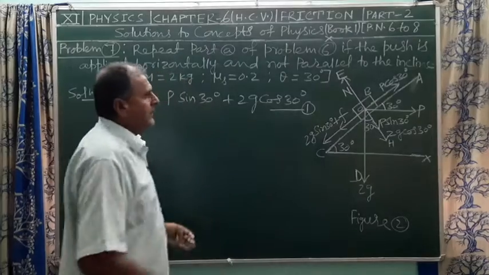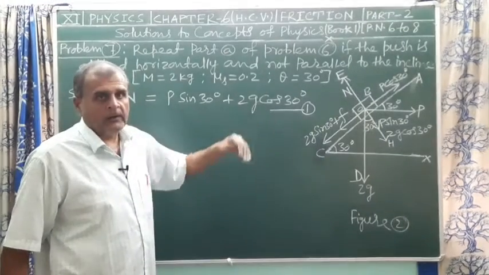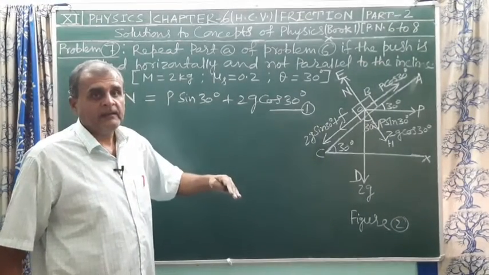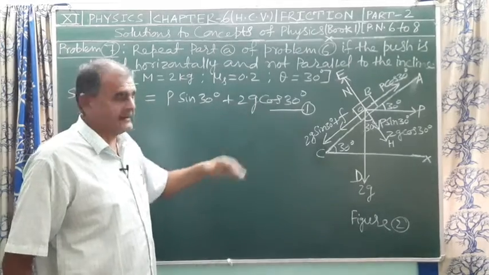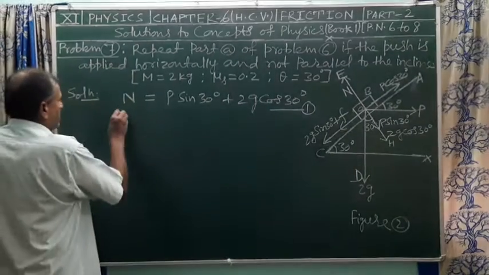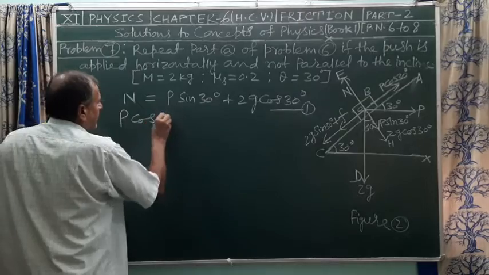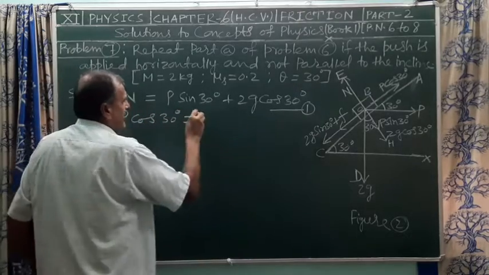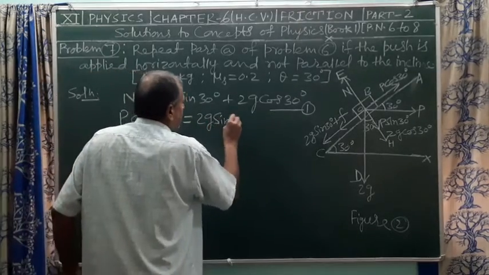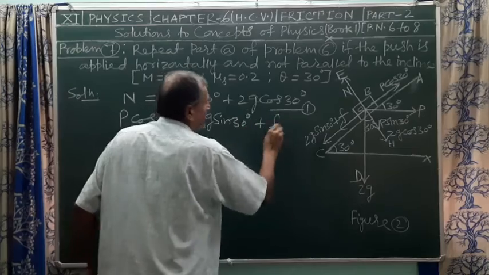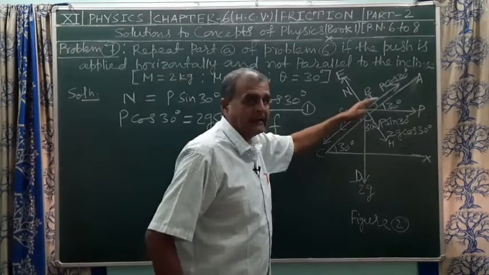So for upward motion of the block with uniform velocity, with no acceleration, that is acceleration equal to 0, P cos 30 degree equals 2g sin 30 degree plus F, where F is the frictional force acting between the block and the inclined plane.